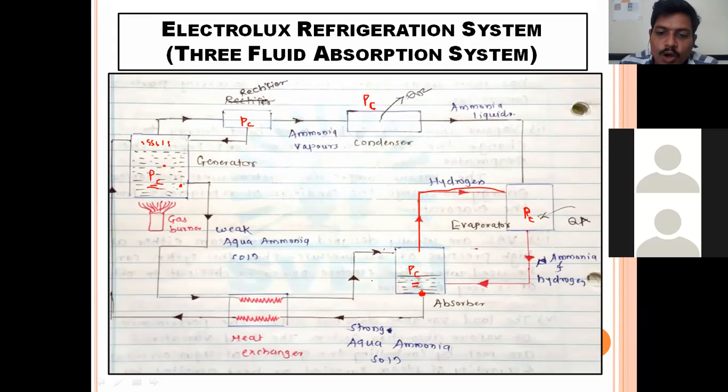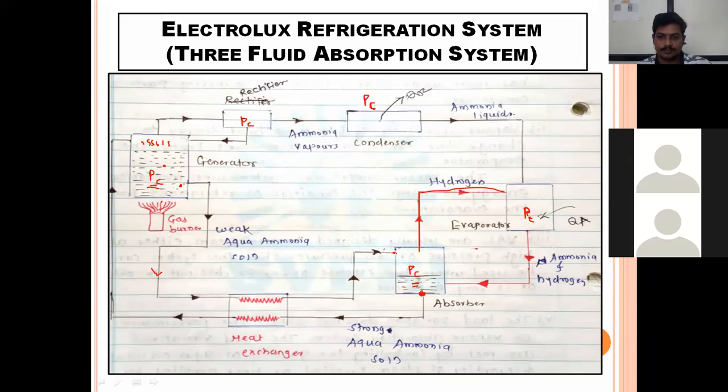So because of concentration difference between strong and weak aqua ammonia solution, the flow of solution will take place from absorber to generator, and the flow from generator to absorber will be mainly because of gravity difference, because the generator is at a higher position and the absorber is at a lower position.